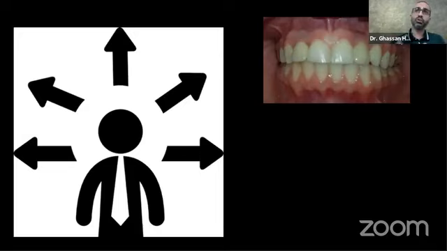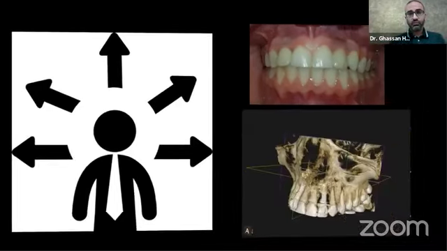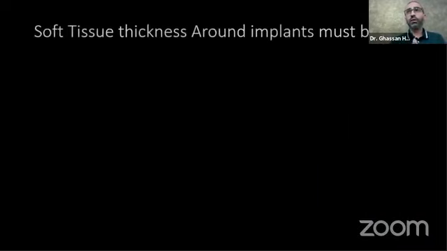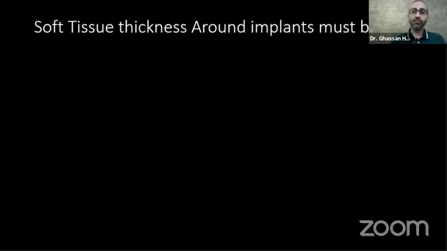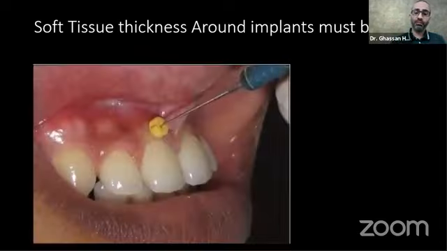And as I said, it's not a predictable method, and I don't have enough soft tissue or good biotype to cover that graft. Even if I go to restore this implant, not only must I have vertical bone augmentation, I must have good biotype after that.